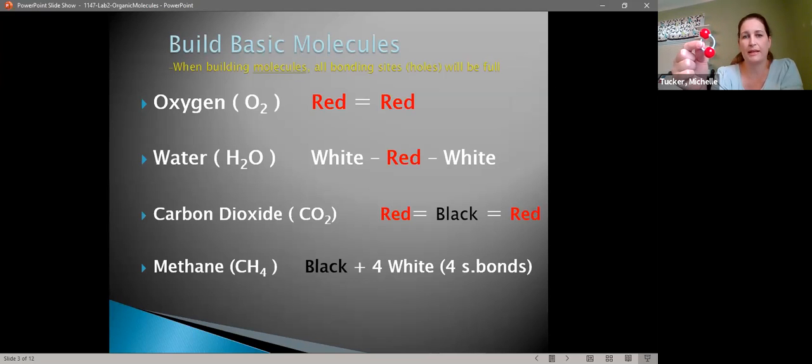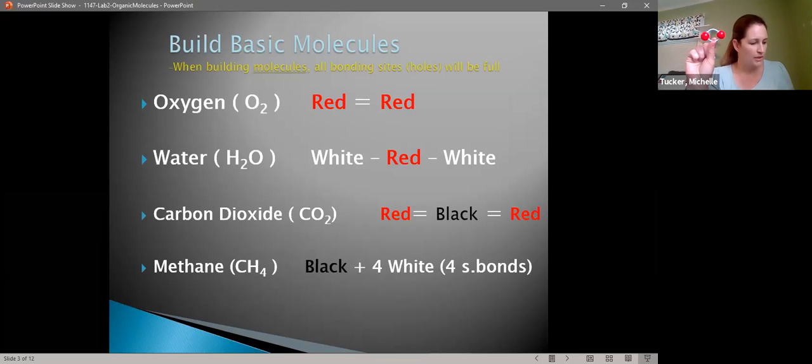So the way we write that is O stands for oxygen. You'll find that on the periodic table for its elemental symbol. And then a subscript of 2 means that there are 2 of them. And then it has a double bond. A double bond means that you have 2 bonds between the same atoms.